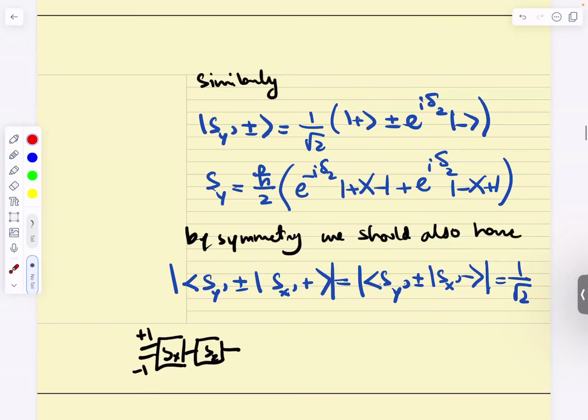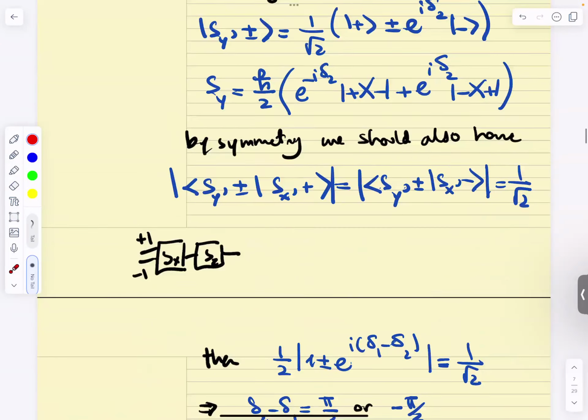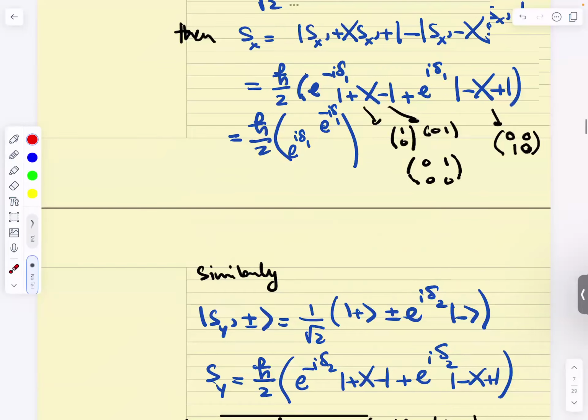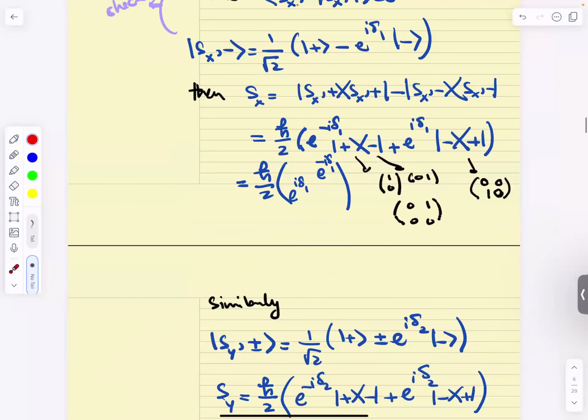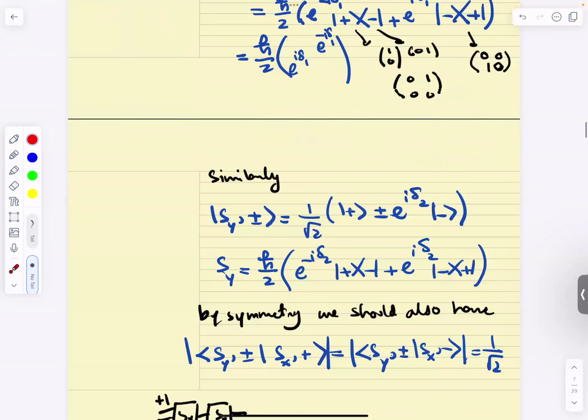All right, so what does that mean? We have already defined what these kets S x plus minus are and what S y plus minus are. So this is a consistency check. We must satisfy this relation, right? There's no new variable to introduce.